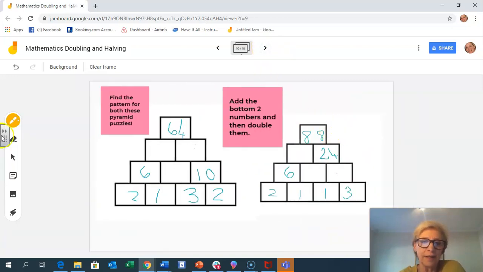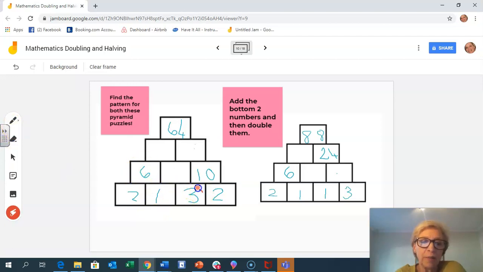Righty, and here's quite an interesting one where we're going to do our pyramid puzzles again. The pattern that we've got down here is that we are adding the bottom two numbers, and when we get the answer, we're going to double it. So, for instance, 2 plus 1 is 3, doubled gives us 6.